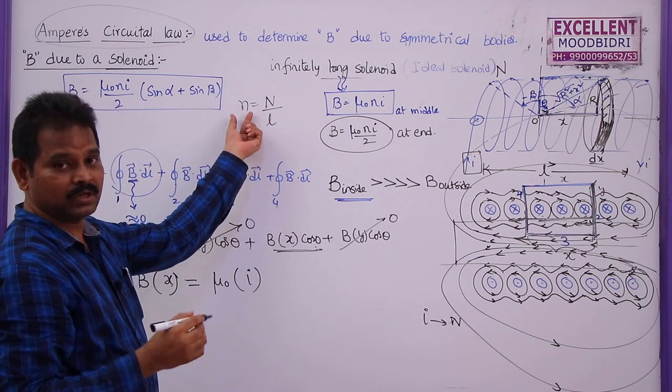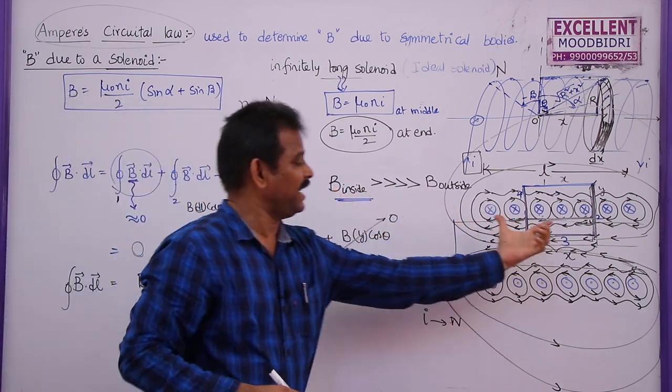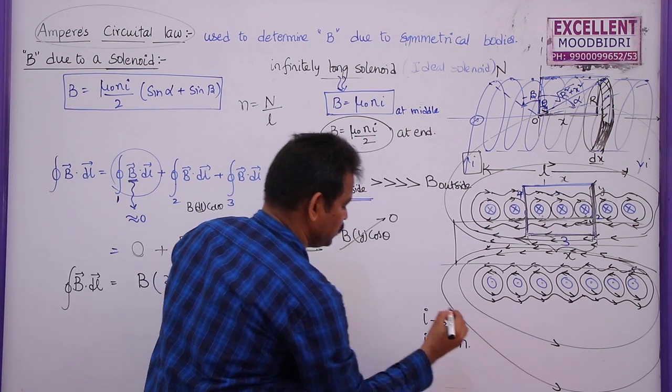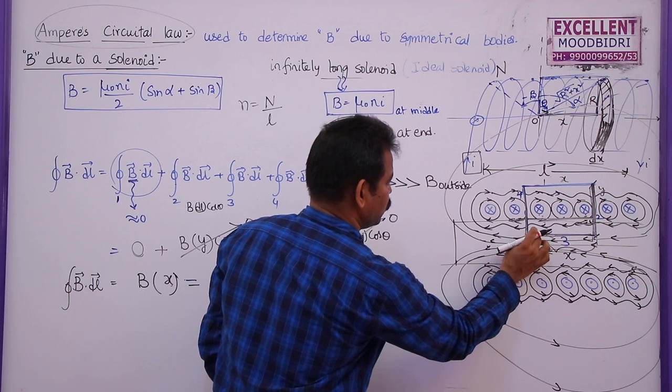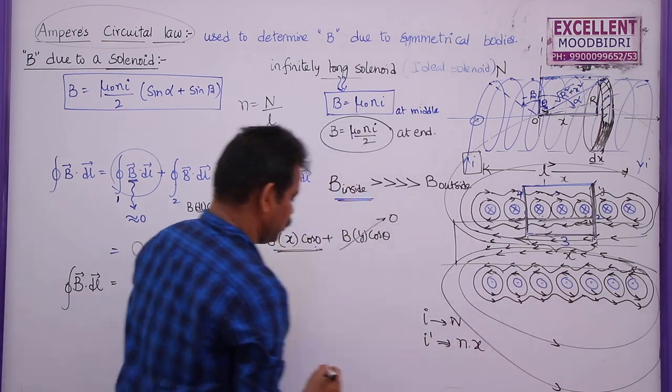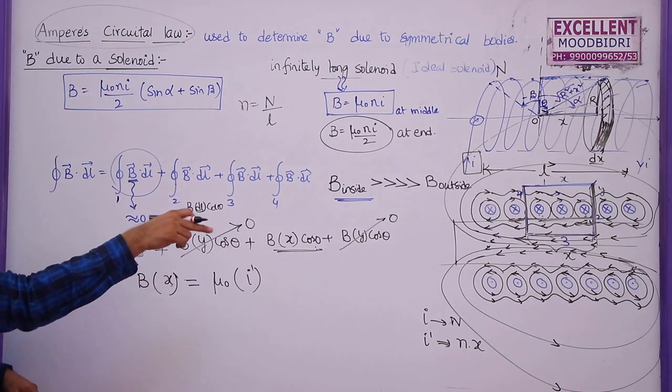Number of turns per unit length is denoted with a small n. If you know the number of turns per unit length, number of turns per x length will be n into x. So this current I dash will be number of turns per unit length into width x. So I can write this is I dash, current enclosed by only that loop.